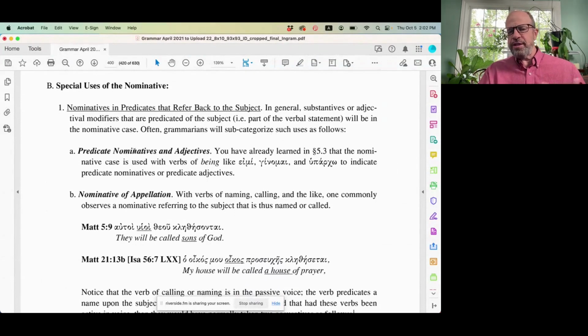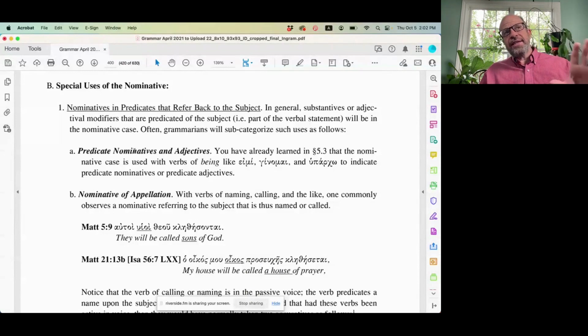So here is page 400 of Koine Greek grammar, and some uses in addition to the subject are a predicate nominative. So the predicate nominative is when you have a verb of being like eimi or ginomai, and you're basically equating the subject, which is nominative case, with something else, with some other entity.